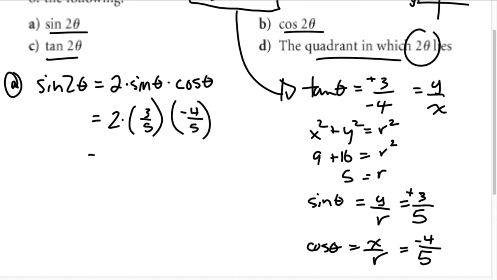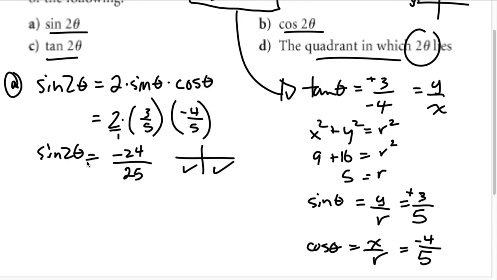Multiplying all that together, I get 2, this is like 2/1, 2 times 3 is 6, times negative 4 would be negative 24, over 1 times 5 is 25. So the sine of 2 theta, 2 times that original angle, is negative 24/25. Notice that sine is negative. That means it could be in one of these two quadrants. I don't know which one, but it could be in one of those two.